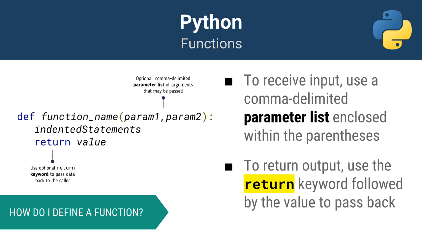Regardless of whether a function has defined parameters, however, the parentheses must always be listed, even if there is nothing in between them. Any data that you want to return from the function must be specified using the return keyword. Once Python encounters the return keyword in a function, it will automatically pass the indicated value as well as control over the program back to whoever called the function. In programmer speak, the person who executes or calls a function is known as the caller.